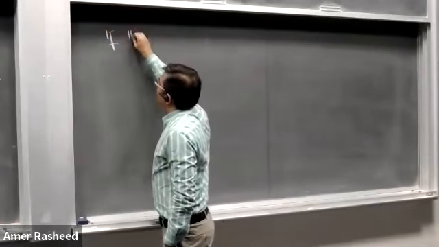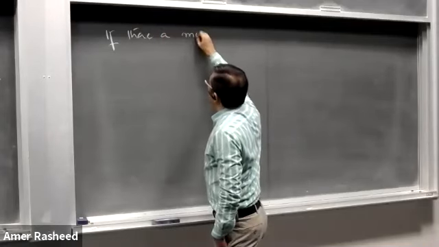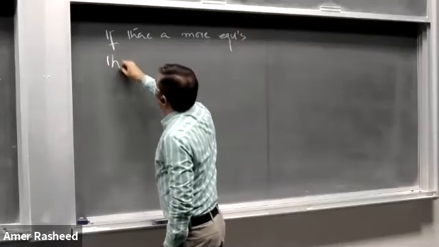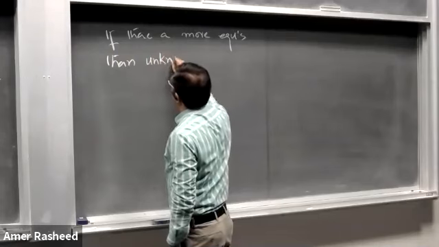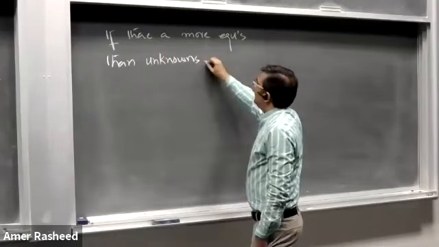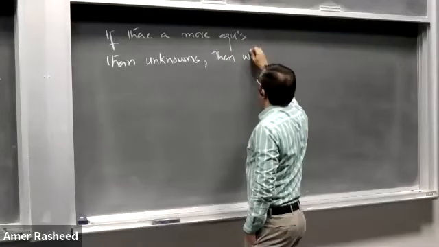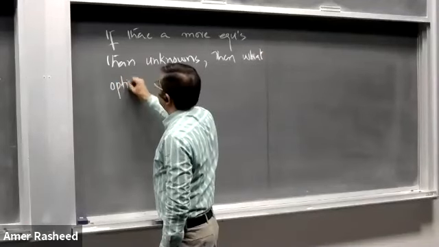If there are more equations than unknowns in a homogeneous linear system, then what options do we have?